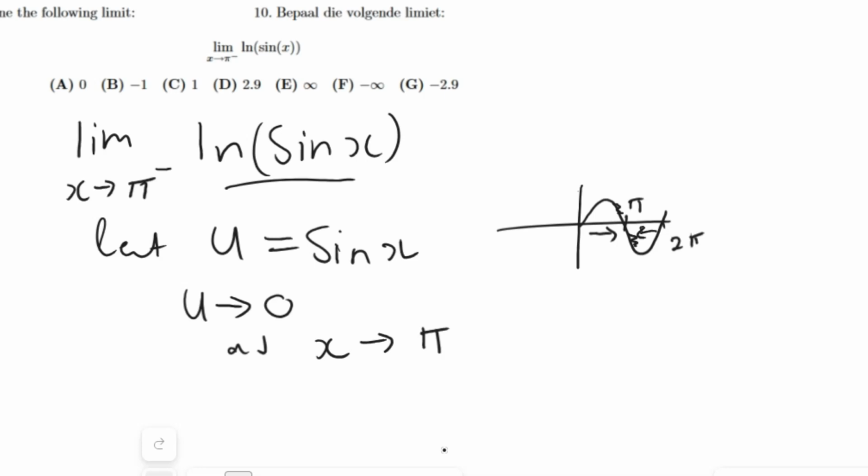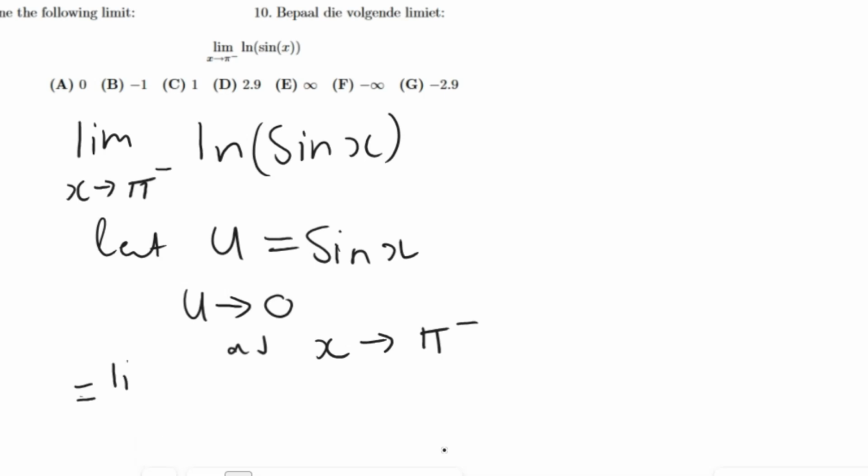Okay, so what we see is when x goes to pi from the left, u becomes 0. This is what you notice, right? Now the limit that I was given is the limit of ln of u as u goes to 0.